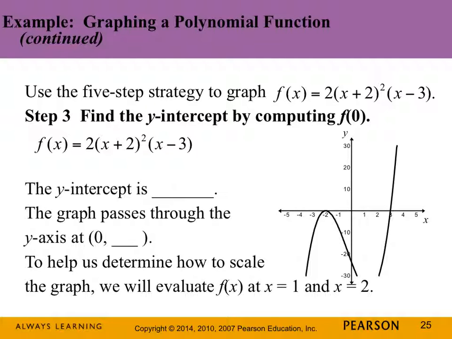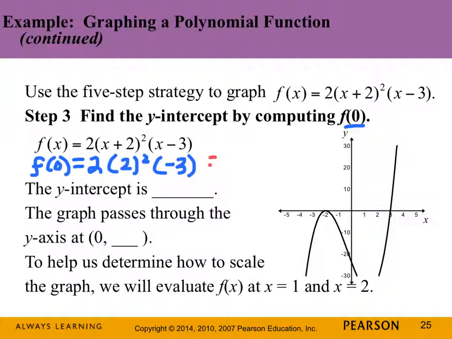Okay, now step 3, find the y-intercept. So we substitute in a 0 for x. And so f of 0 is 2 times the quantity 0 plus 2, which is just 2 squared, times 0 minus 3, which is just negative 3.